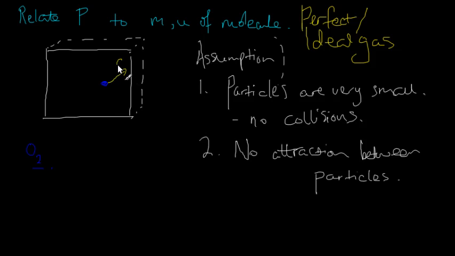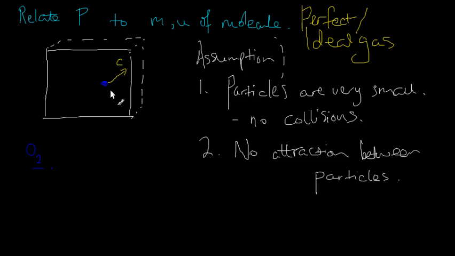I'll call that C. Now, the letter C is also often used to represent the speed of light, but C is actually also used in other areas of physics, like this one. So in this case, C is not the speed of light. C is just the speed of a molecule. It can typically be in any random direction with some value.